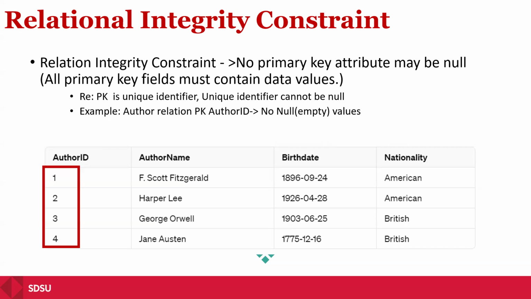Meaning that if we set a specific primary key, all the data we insert in a certain table must have a value for this primary key. So all the primary keys must have values, and the primary key cannot be null. That is the concept of relational integrity. So a primary key in a relation must not have null values. We have an example here in the author relation. The primary key is author ID, so we have no null values in author ID.